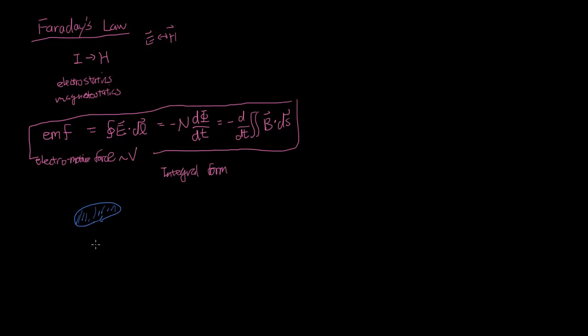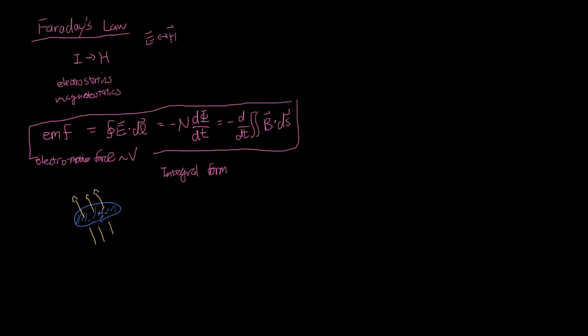Now, if in that surface is a magnetic field, then there are going to be flux lines through it. And if the flux changes, it's going to create a change in the current that's going through this loop. Or in the case that there is no current, there's going to be an electromotive force or voltage that stems from this change. And if this line integral is a conductor, then a current will subsequently form.